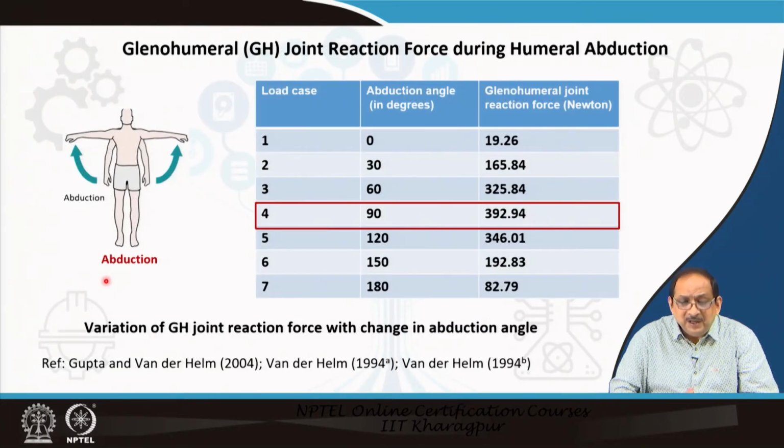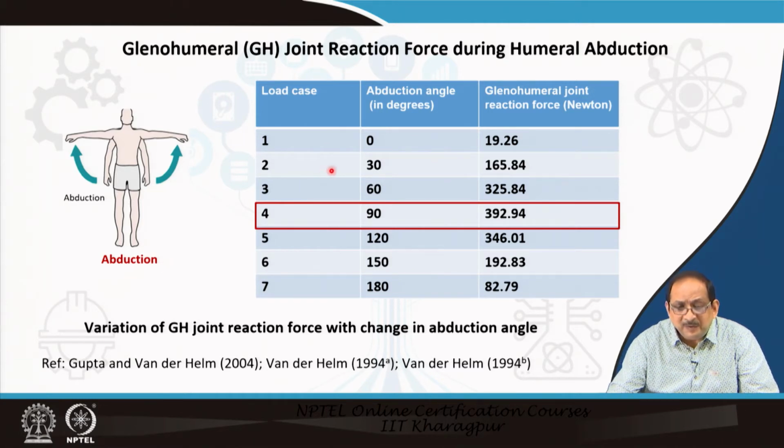Now, in this slide, the variation of the glenohumeral joint reaction force with change in abduction angle has been presented. The glenohumeral joint reaction force is the major joint reaction force in the shoulder joint.